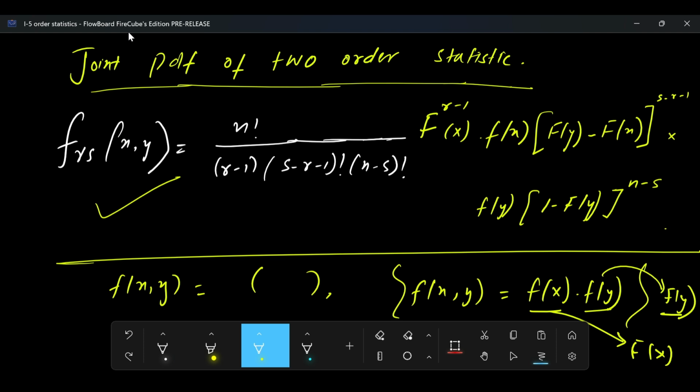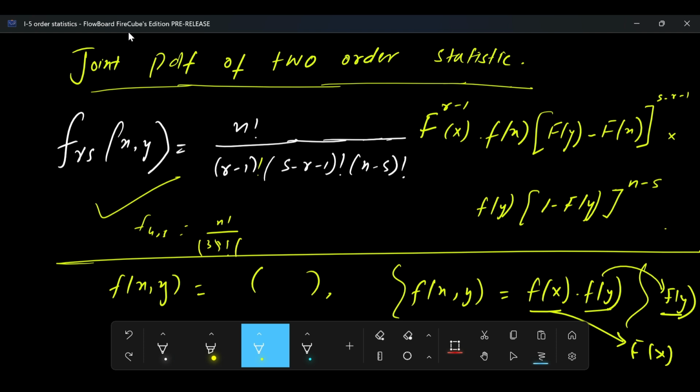Here, if you are asked to find f of 4 comma 5, this is n factorial, r minus 1 factorial, that's 3 factorial.